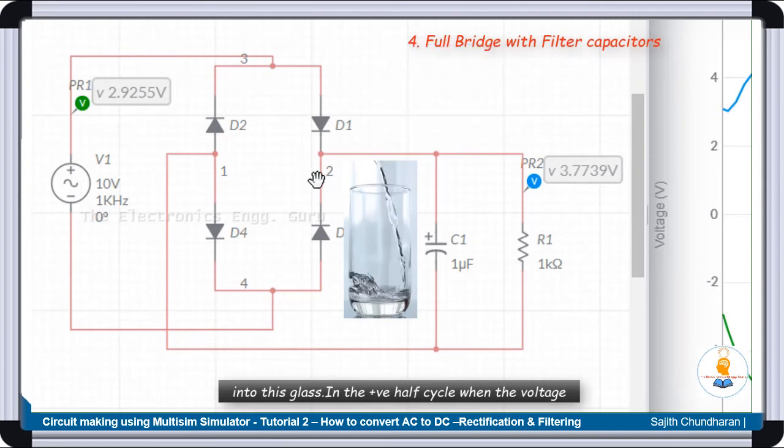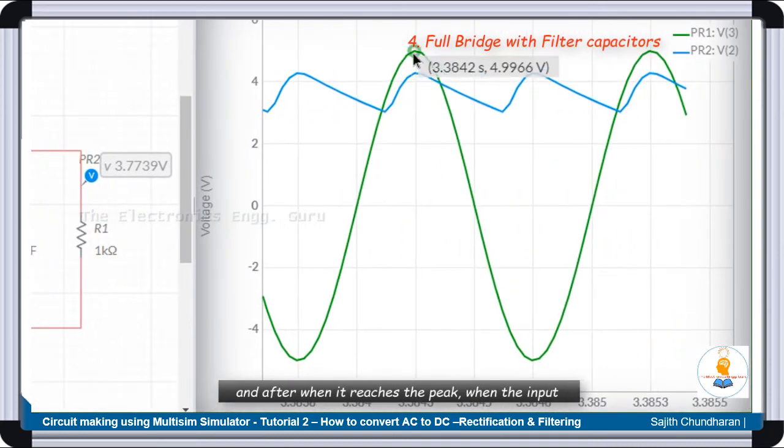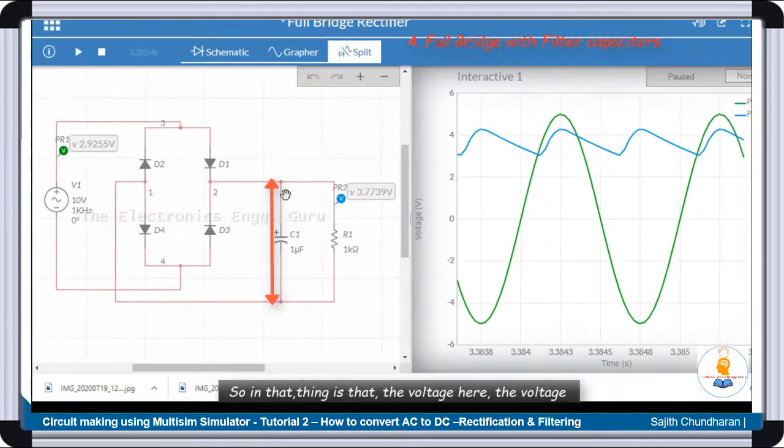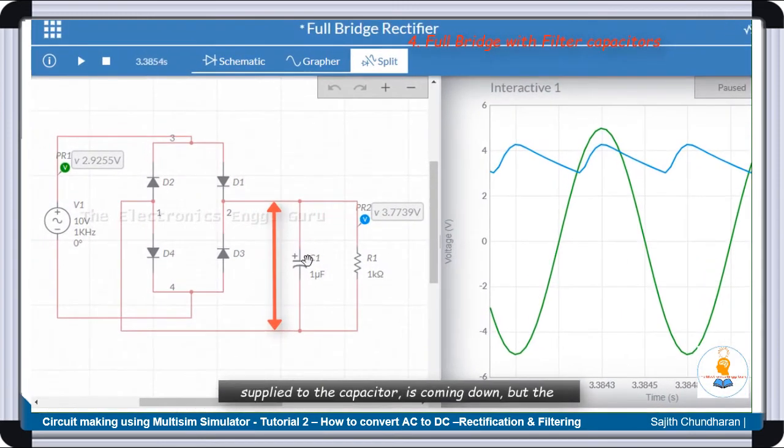In the positive half cycle, when the voltage goes from the lower value to the upper value, the water will be poured into this glass, and after the input reaches the peak and comes back down to 0, the voltage supplied to the capacitor is coming down, but the capacitor has a property to retain the voltage and it will get discharged very slowly.